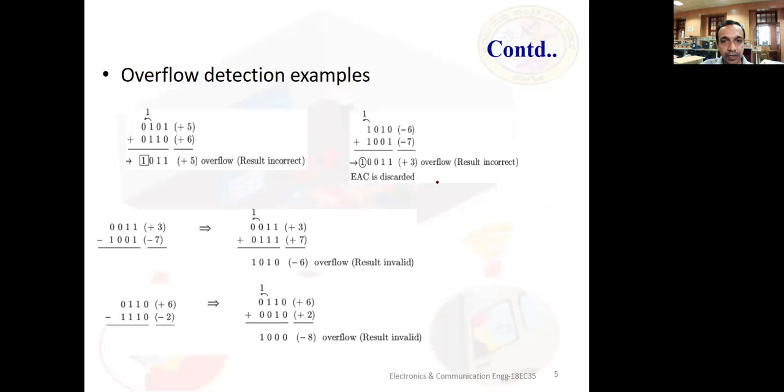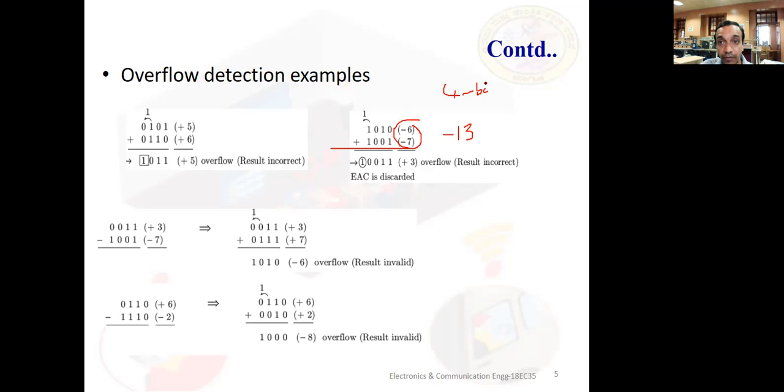There are some other examples I can show you here. I'm trying to add minus 6 with minus 7. We actually expect minus 13. And with 4 bits, please remember, I'm discussing only a 4-bit system.